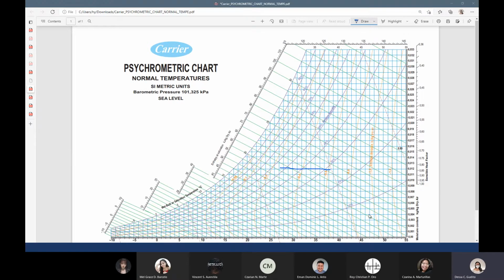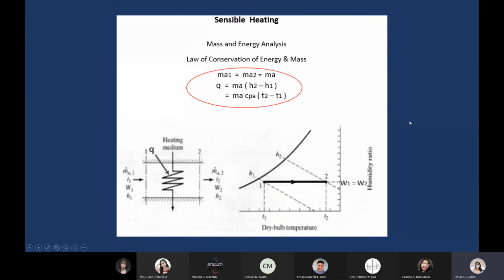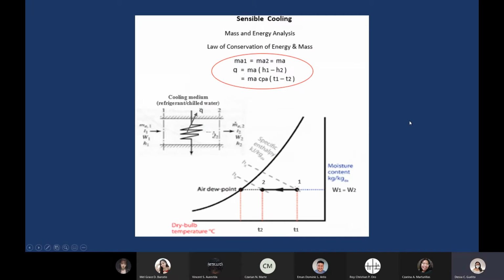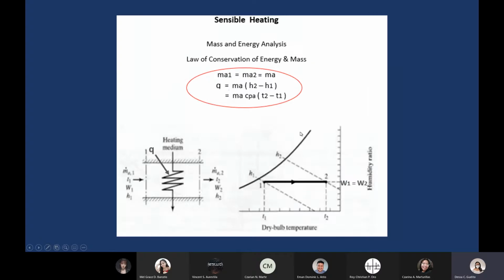Next, from the law of conservation of mass and energy, to get the tons of refrigeration in the sensible cooling process, the derivation gives Q equal to the mass of dry air times (H1 minus H2), or m c delta T. That's all for sensible cooling.